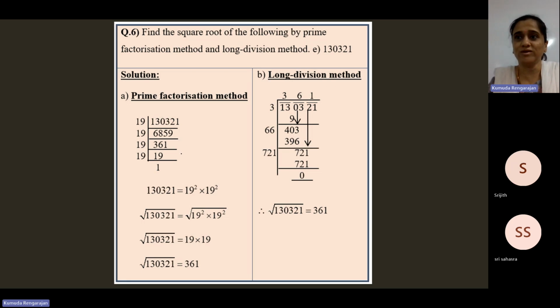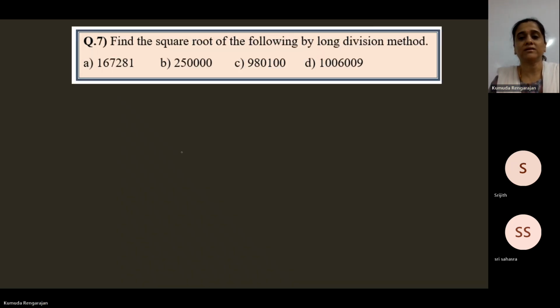We have lots of squares and square roots. So let's practice more on this. Finding the square root of a perfect square using the long division method. We'll take some more questions, some more numbers.